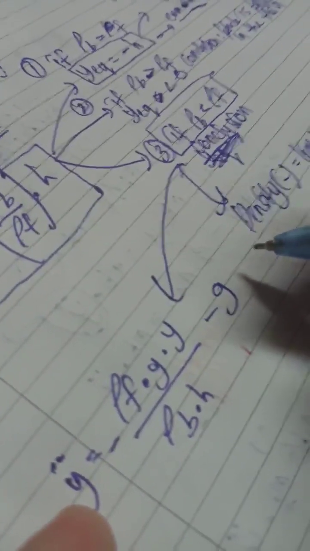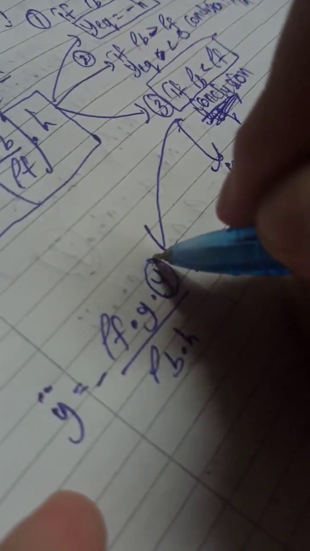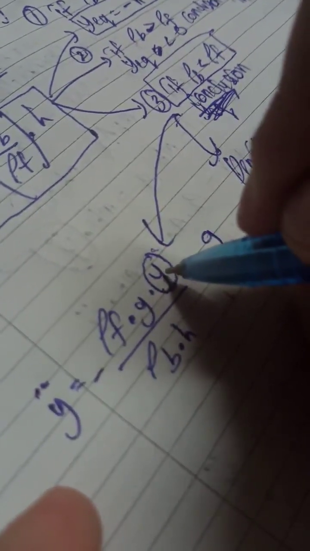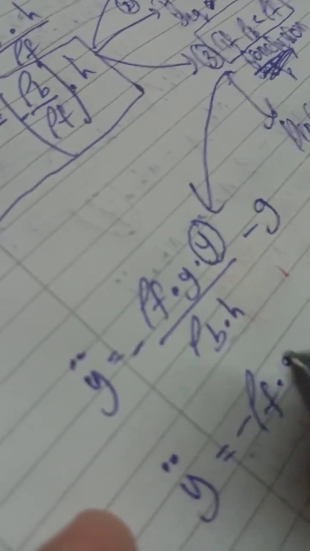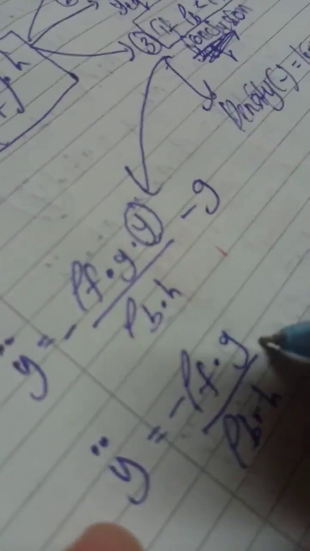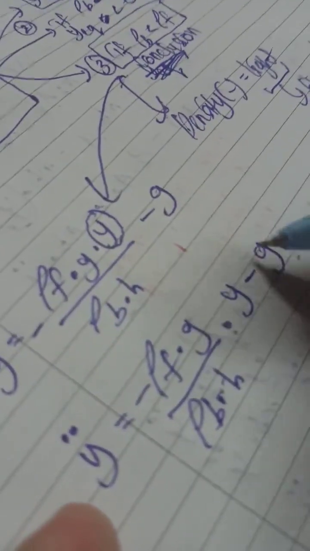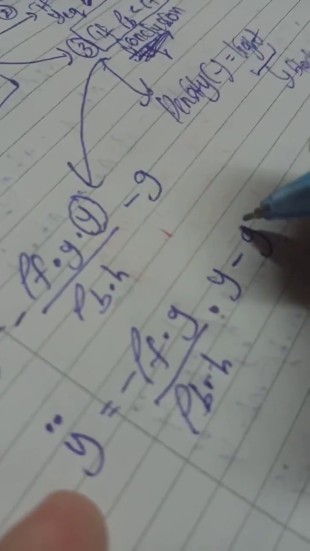Here is the most confusing part. I want you to factorize and put this y aside. So y double dot is equal to negative rho f times g over rho b times h, multiplied with y, minus this g. If you read the lecture notes, this g will disappear.